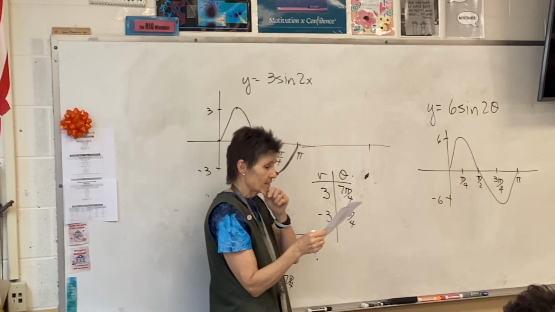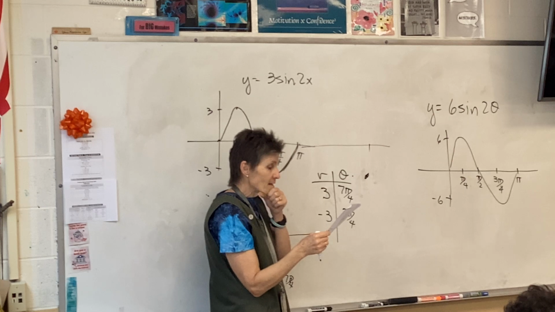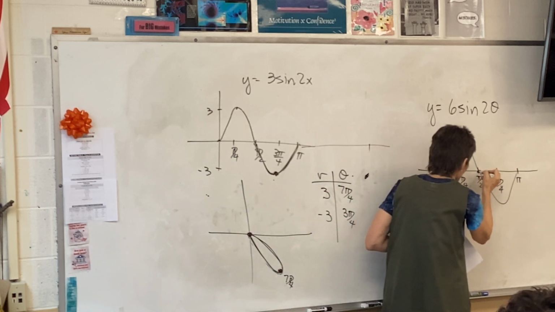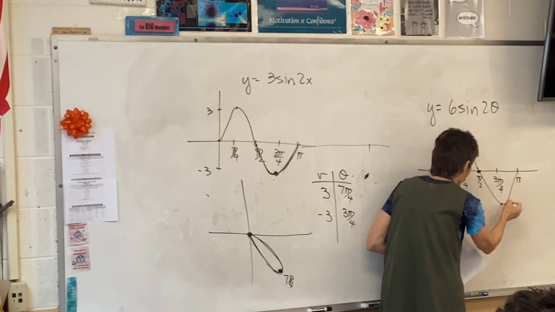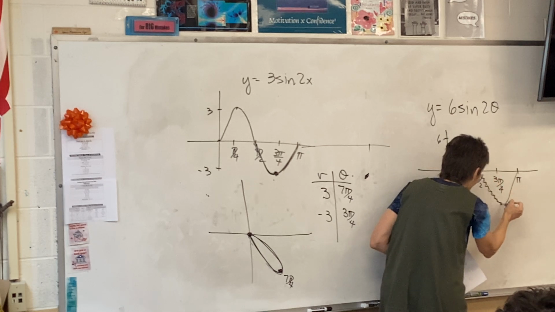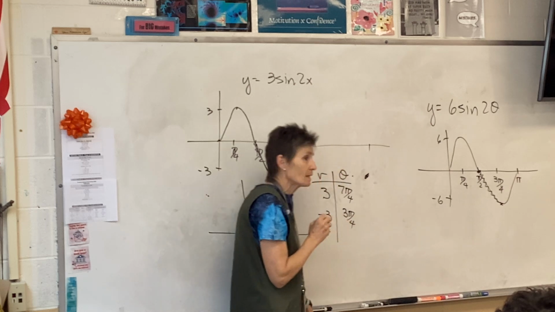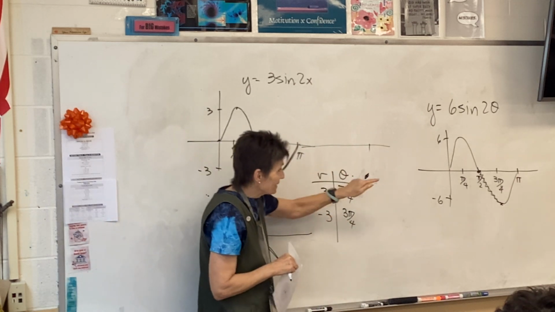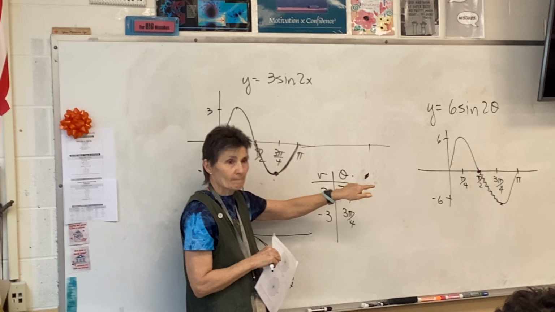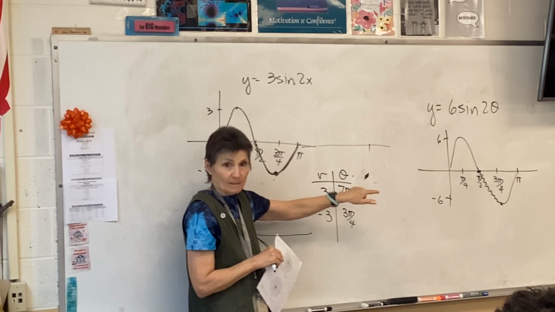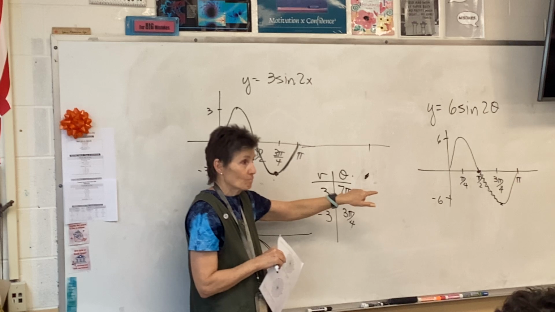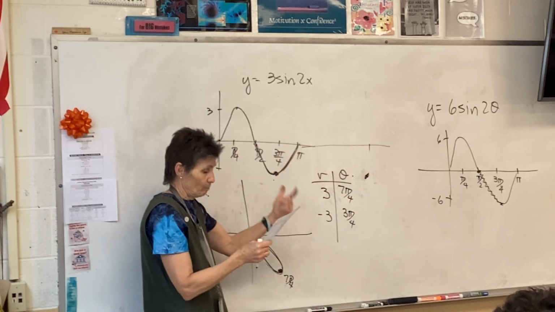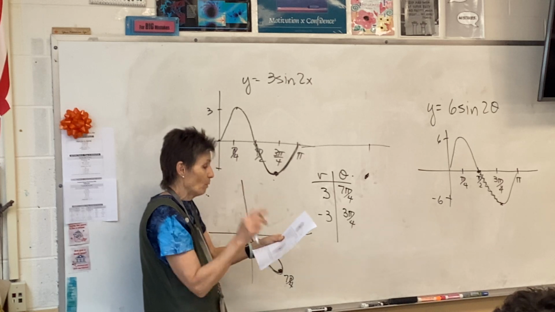Let's see. If the domain is restricted to pi over 2 to 3 pi over 4, so I'm only looking at that part. After this conversation, would you agree that that's gonna be half a petal? It's gonna be half a petal, right? Would everybody agree with that? Yeah.